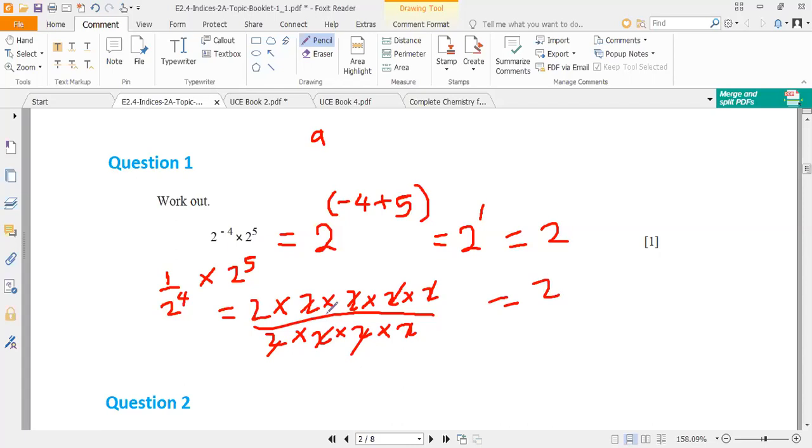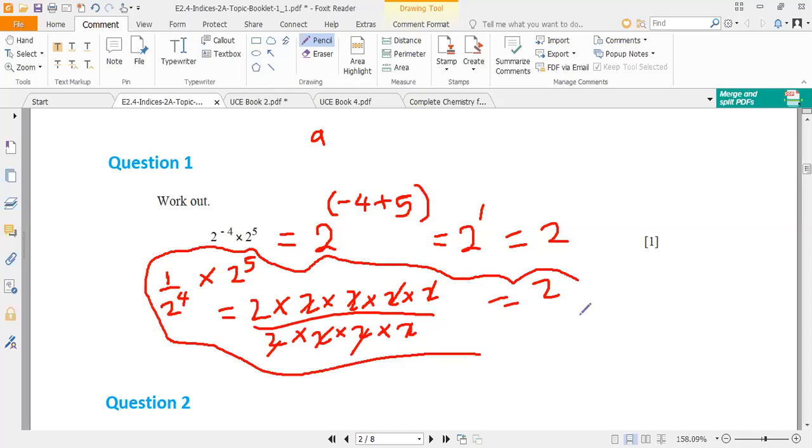So instead of passing through all these long steps, that's why we are bringing in the laws of indices to save us from writing all these steps, and instead we use the simplest or the shortest method.